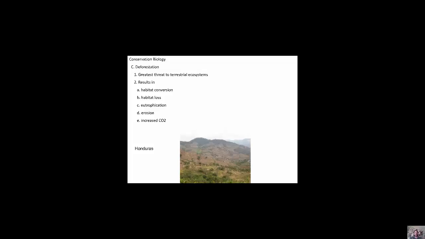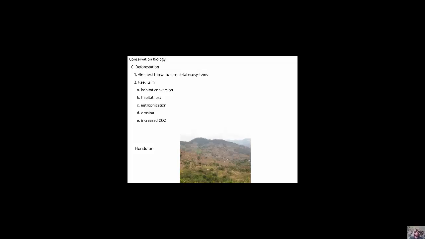We disrupt the water cycle. The area where that forest is no longer gets as much rain, causing this environment to become more and more dry. You can actually get what appears to be deserts.